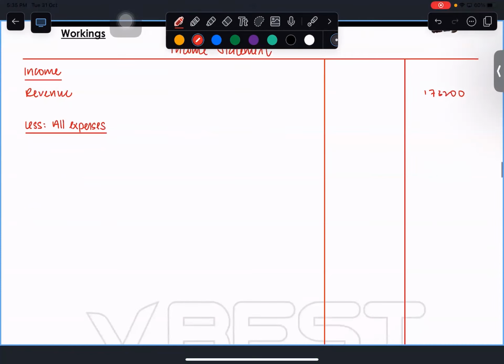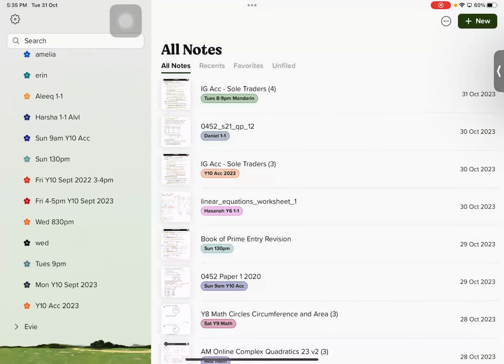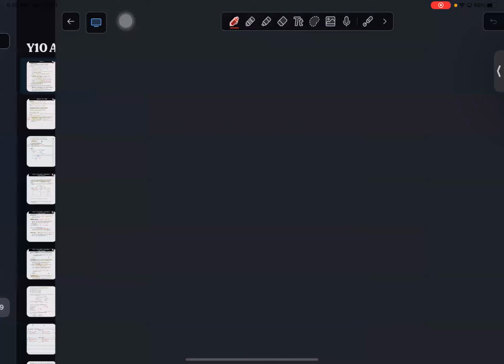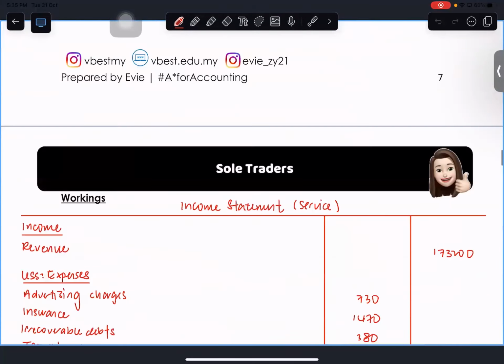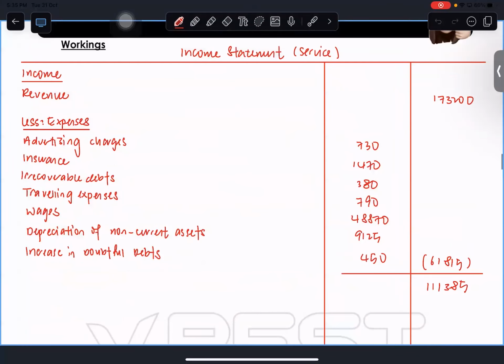Did you guys put in doubtful debts? Then you see if it's correct. The final answer should be 111385.